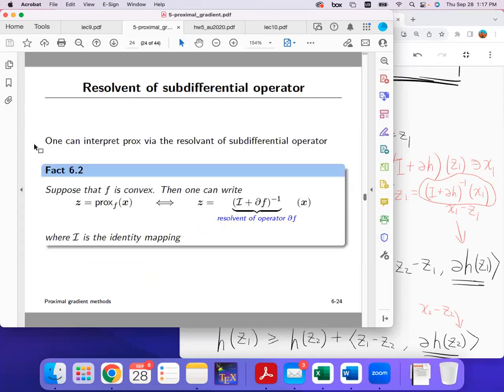Yeah, and this is what we just discussed. This mapping can be equivalently written as this inverse operator. It is the inverse of identity plus subdifferential of f, which we call the resolvent operator associated with f.